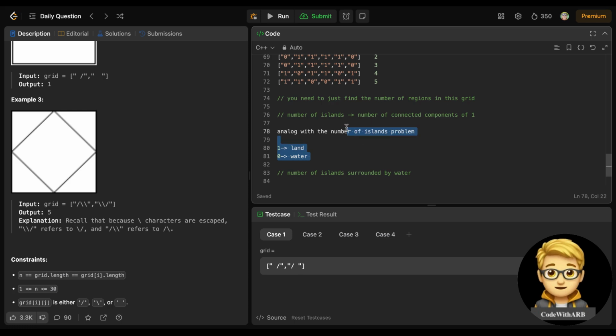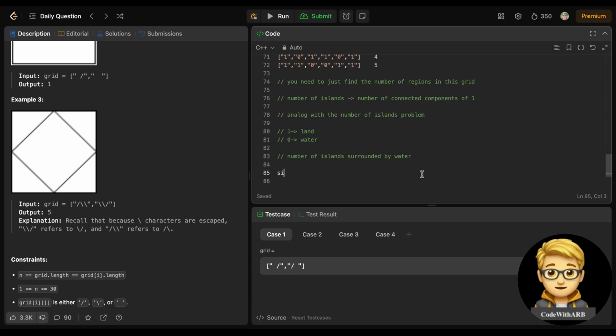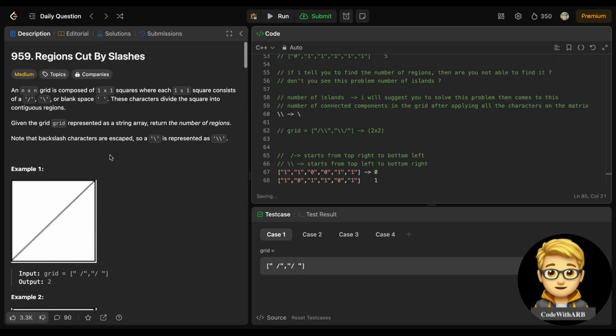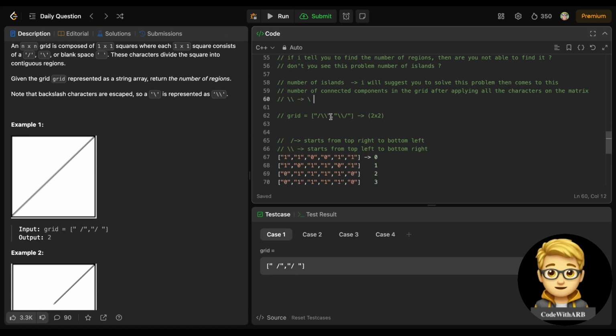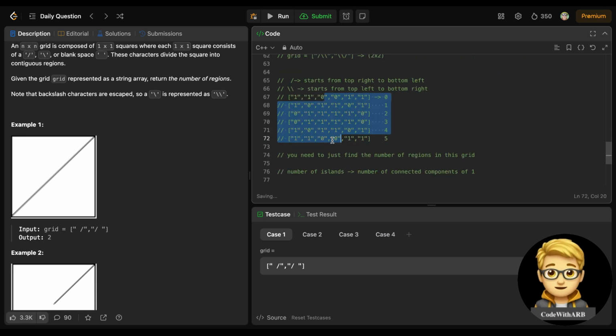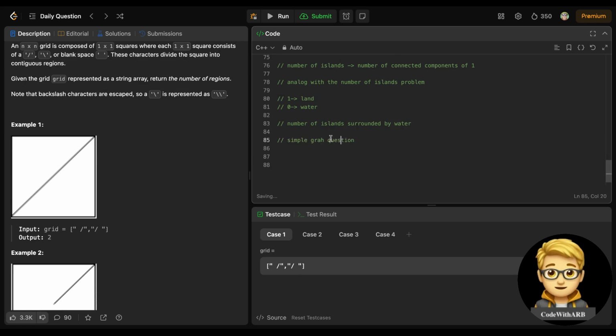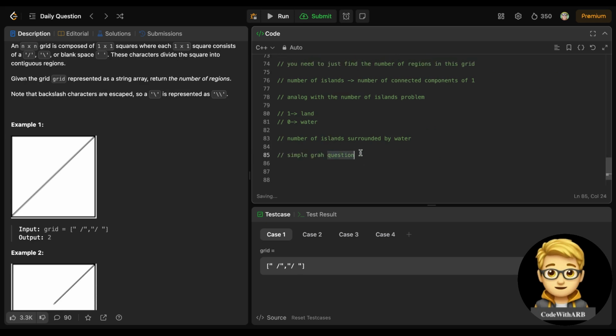So this is just a simple graph question. The main part of this question is to understand what it is asking, right? So now you just need to find the number of components. And how will we find it?